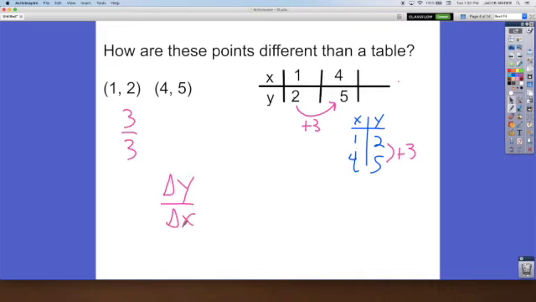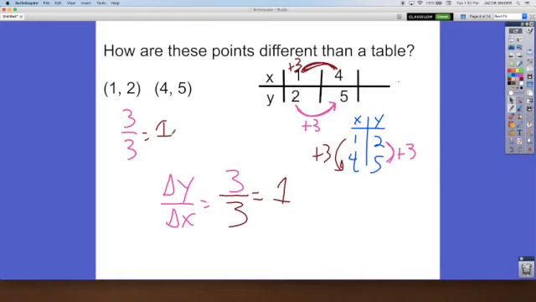So how much did our y coordinates change? They just changed 3. How much do our x coordinates change? How far is it from 1 to 4? That's plus 3. How far is it here? Plus 3. So my change in x would be plus 3 as well, which simplifies to 1.